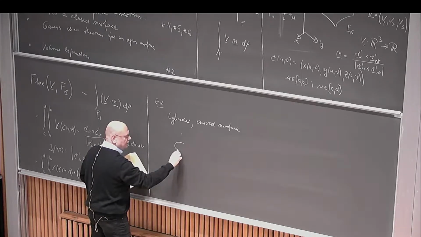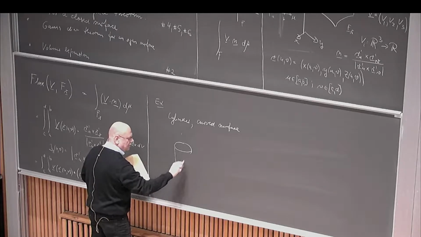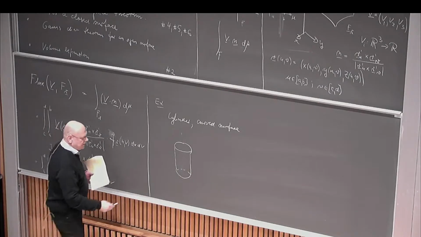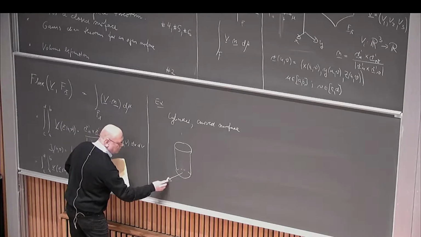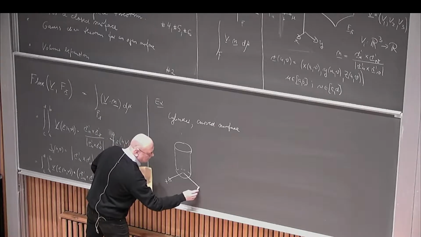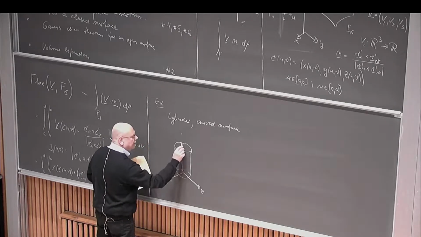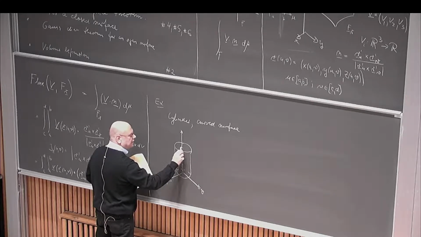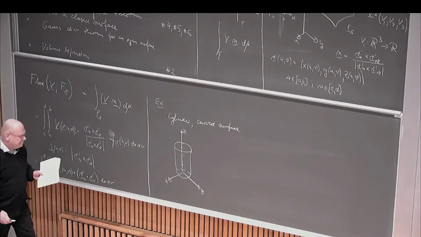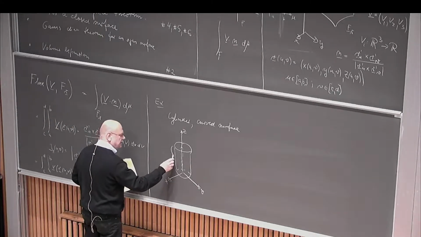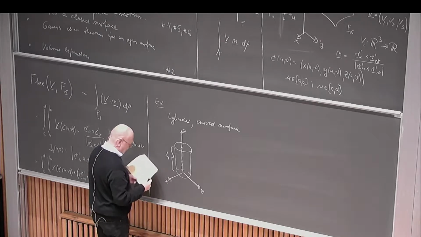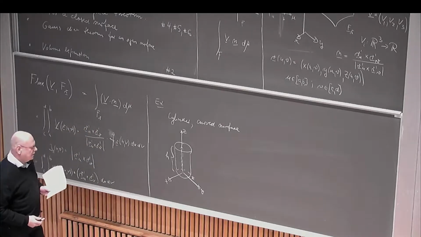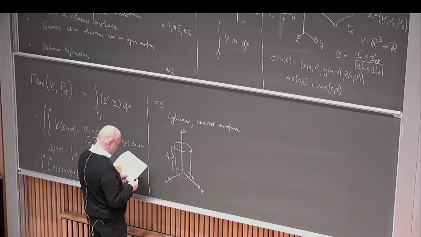I just take this cylinder here, and then we have a normal x, y, z coordinate system, say like this, and you have the cylinder height, and then the radius of the cylinder is r.